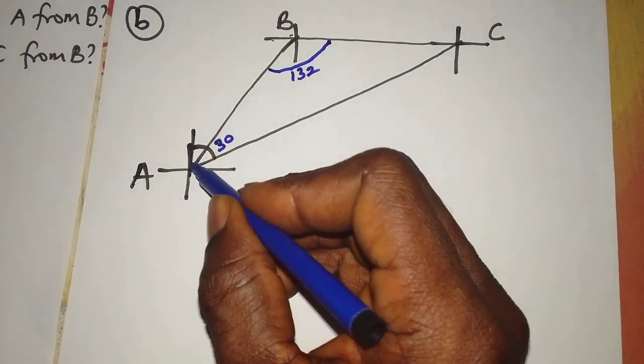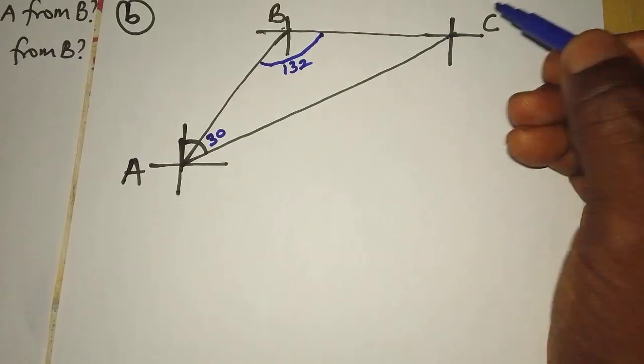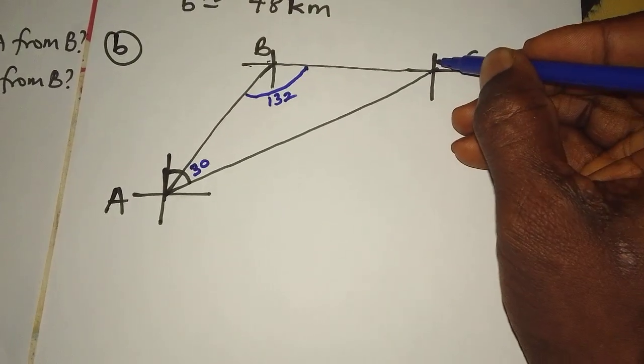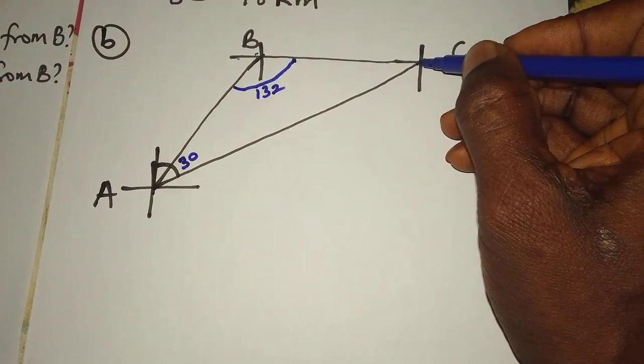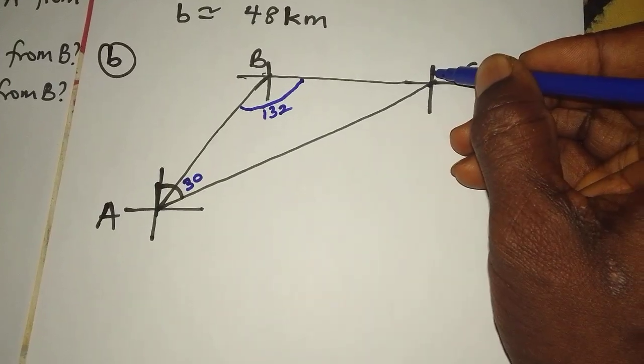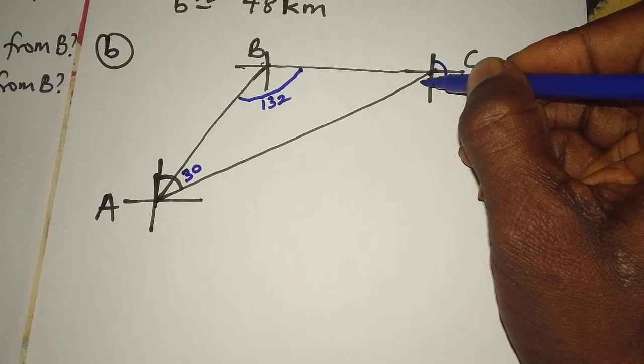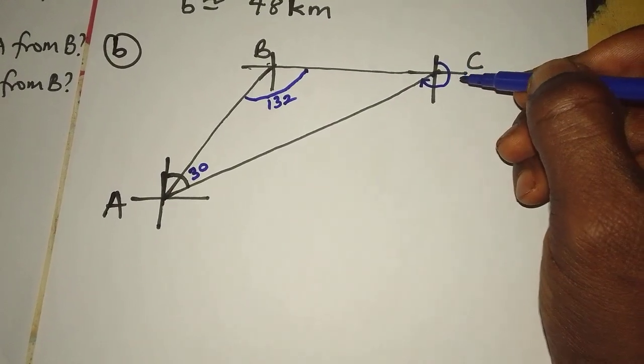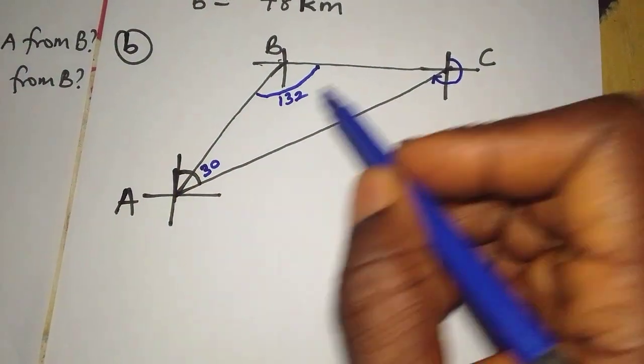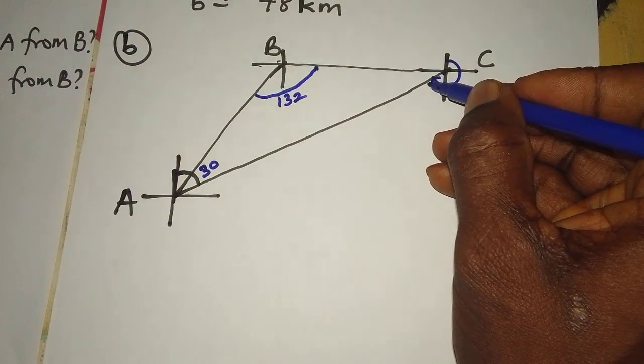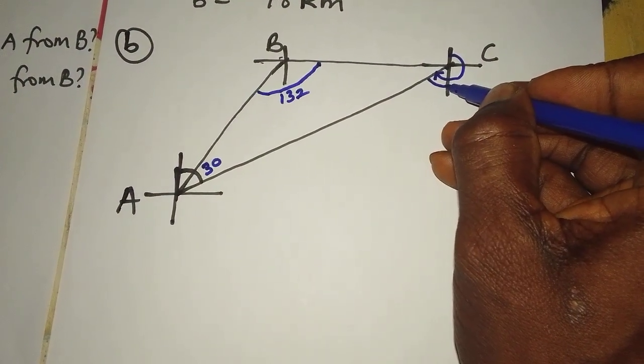So to get the bearing of A from C, it means that you are going to look from the north. When you draw your 4 cardinal points at C, from this north up to where this line is will be the bearing of A from C. So we need to know the value of this particular angle.